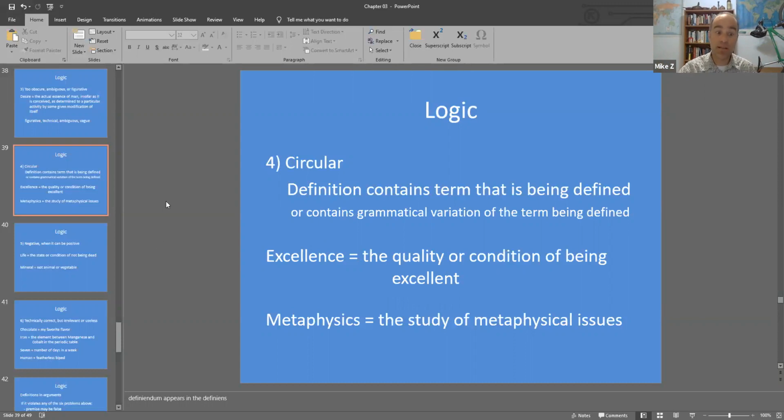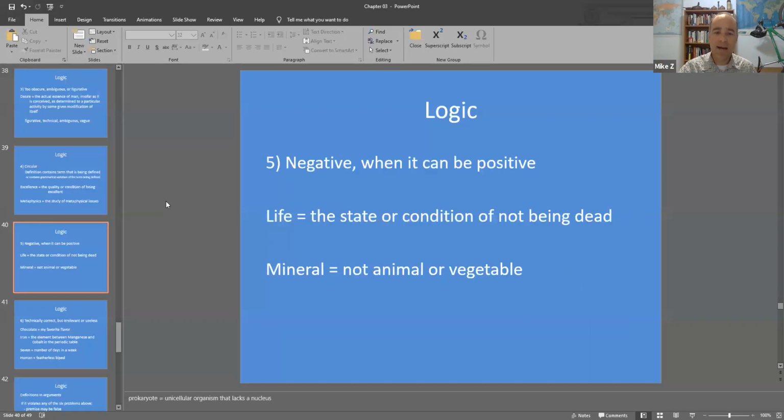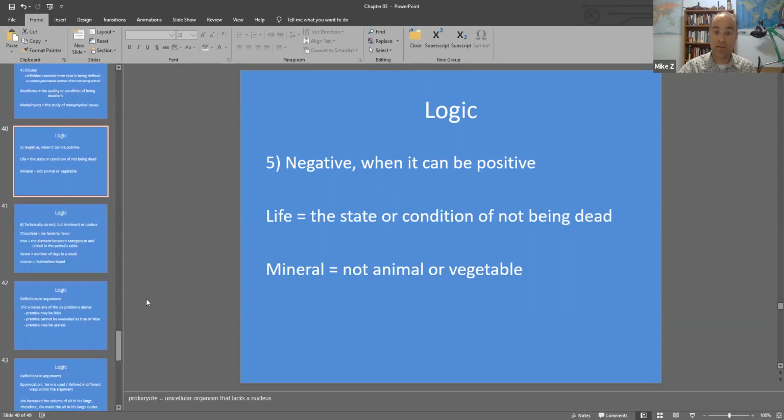Okay, so here's another one where the definition might be sort of correct, but it's phrased in a negative way rather than a positive way. That is, it's describing the properties that something should not have in order to belong in the term's extension, rather than describing the properties that a thing should have to belong in the term's extension.